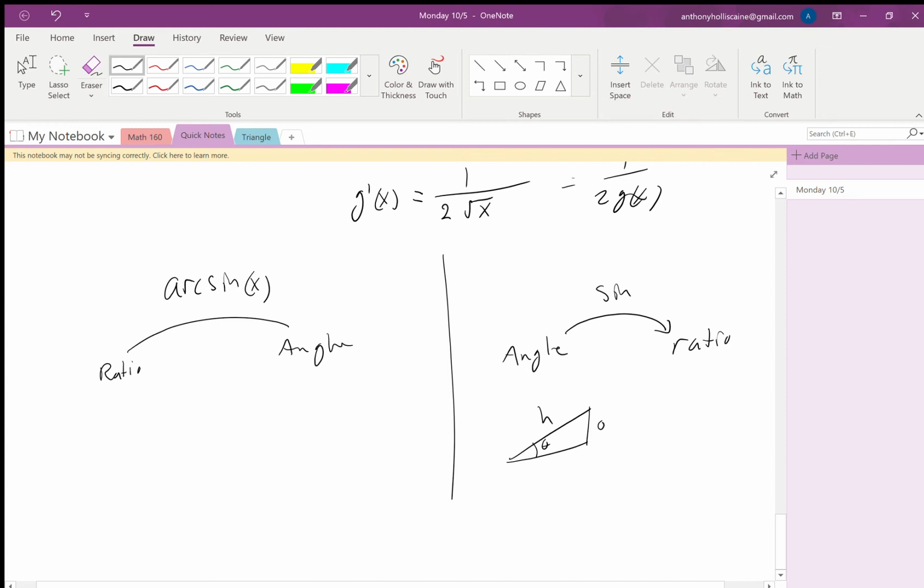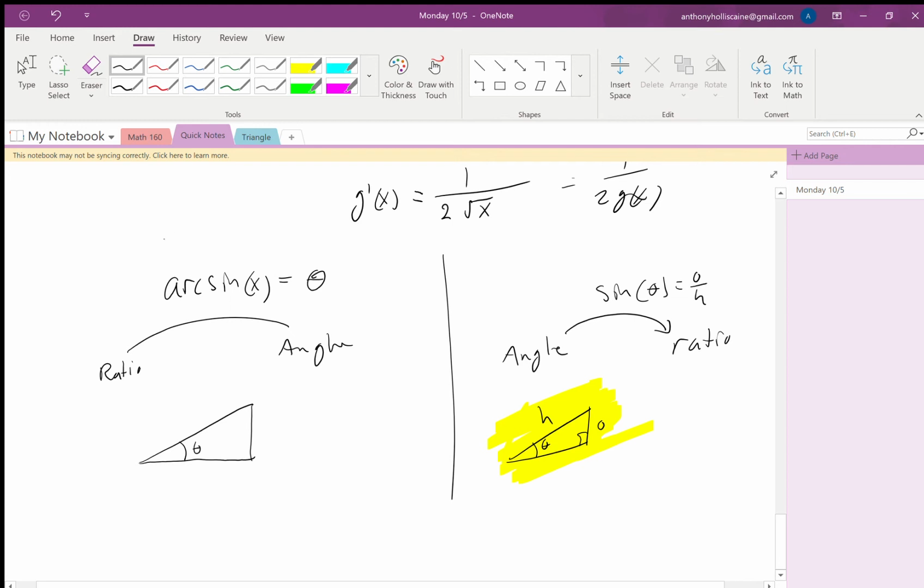So here I'd say sine theta is O/h. Here I could say arc sine x equals theta, and then the question is, what's the corresponding picture? How do I draw a triangle here? I want a right triangle, which I really should emphasize, and it needs to tell me the angle, which is going to be theta.